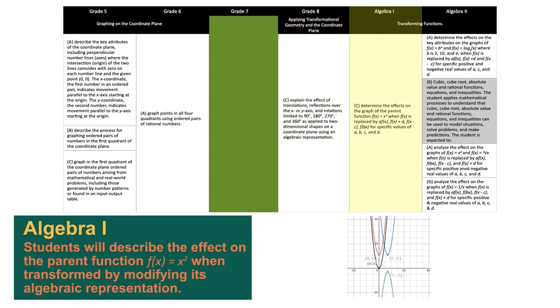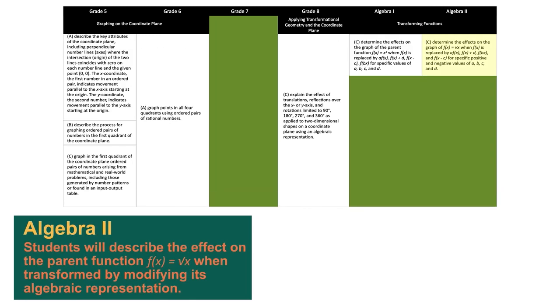In Algebra 1, students will describe the effect on the parent function f of x equals x squared when transformed by modifying its algebraic representation using multipliers and other operations. In Algebra 2, this is the basis for describing the transformations of many different functions, such as cubic functions, cube root functions, radical functions, and rational functions like f of x equals 1 divided by x.